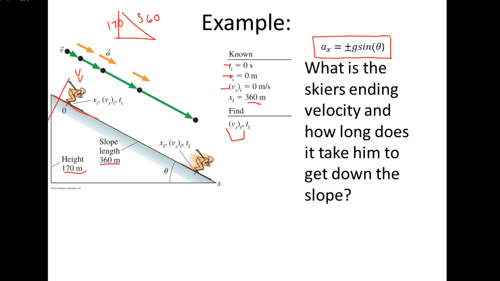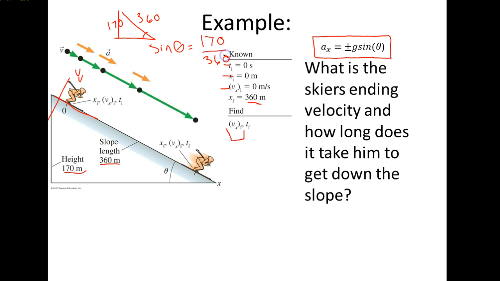And so let's say I'm trying to find this angle, which is the angle of the hill, and I know I've got my opposite side and my hypotenuse, and that sounds like a sine function to me. So I know that sine theta equals opposite over hypotenuse, which in this case is going to be 170 over 360.